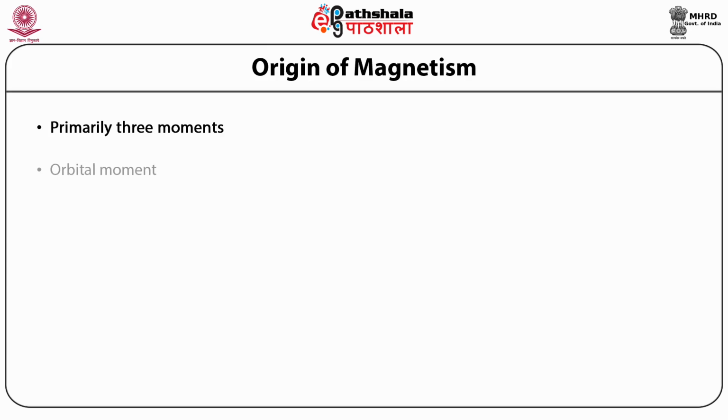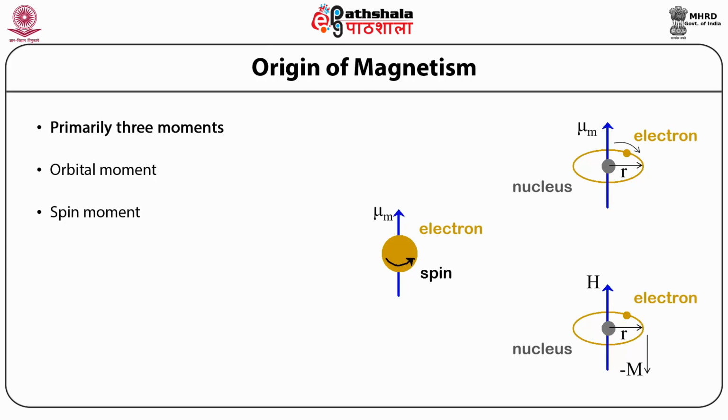First is the orbital moment, as shown in the figure, where an electron is orbiting around the nucleus at a fixed radius, having an orbital moment represented by mu m.